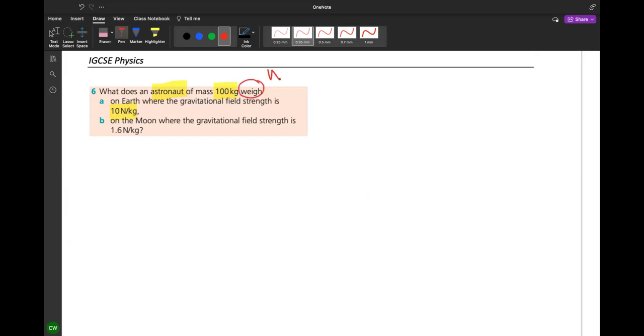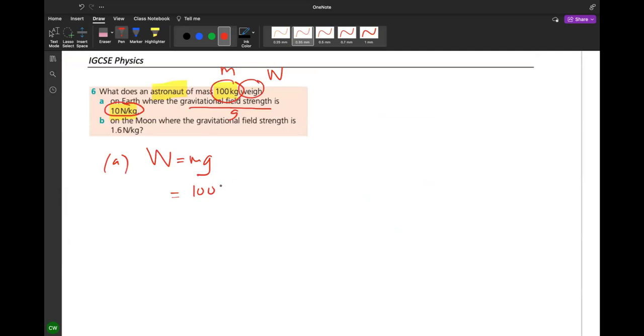Weight is W. Weight is mg. So the value of m is the mass. Mass is 100. This one, the field strength, is the g value. G is 10. Mass is 100.